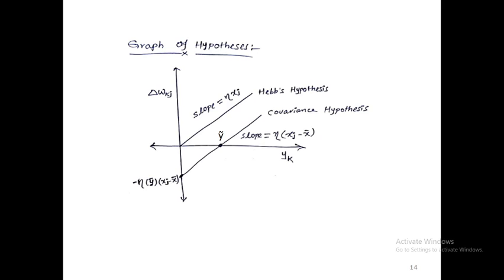So that's the slope of that line. Next, as per the covariance hypothesis. The earlier Hebb's hypothesis line crosses the zero line, because y is equal to mx only. In mx plus c, here c is equal to 0. That's why it touches the origin.